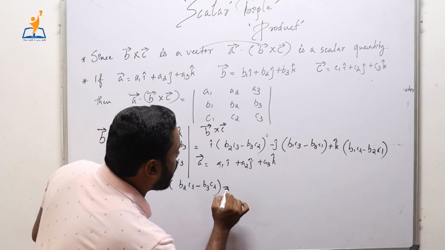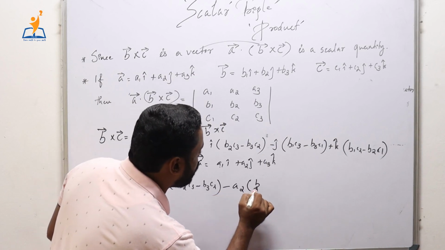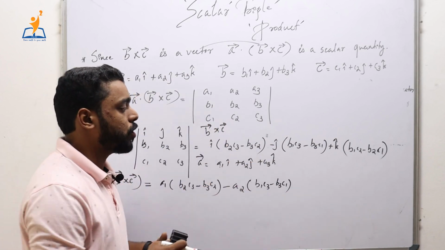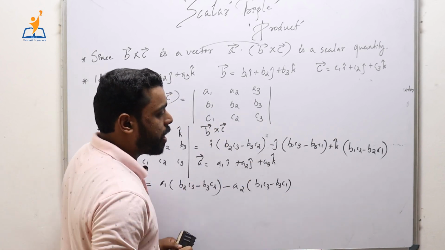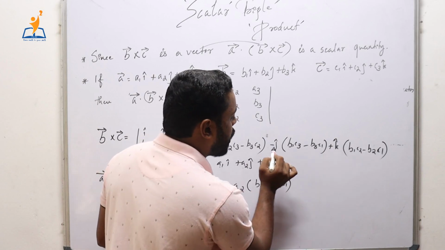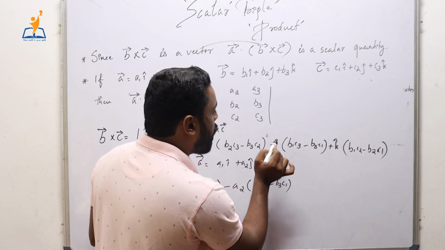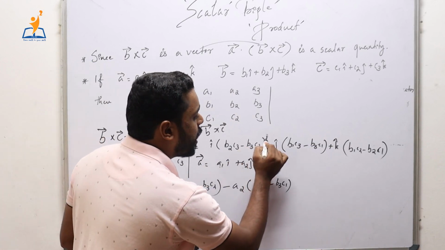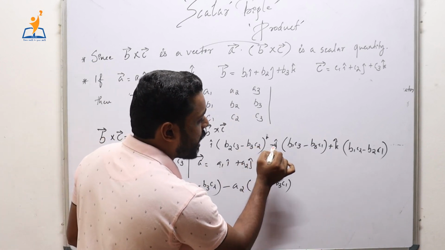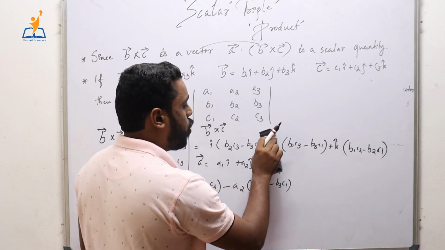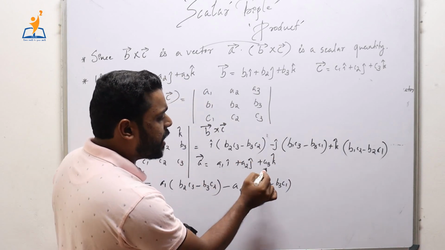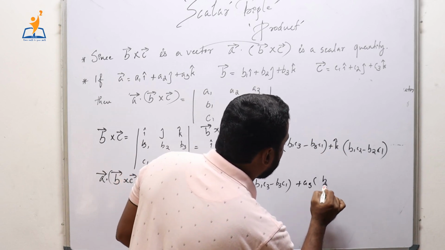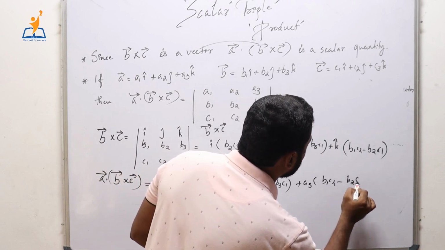So we have minus A2 into (B1 C3 minus B3 C1). Now the third component here is A3, so plus A3 into (B1 C2 minus B2 C1).